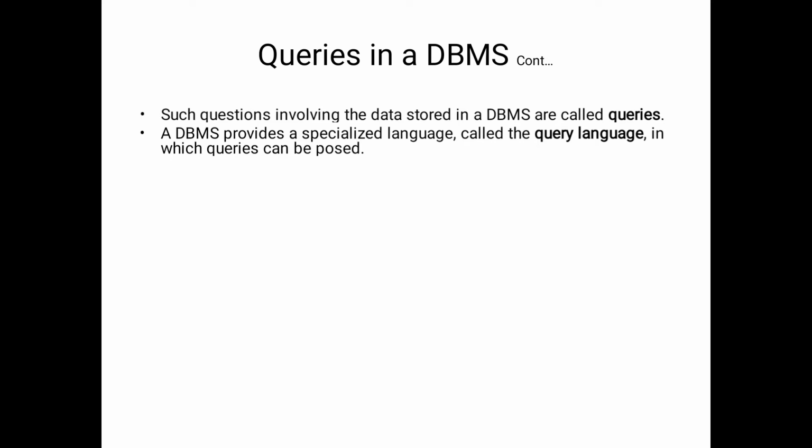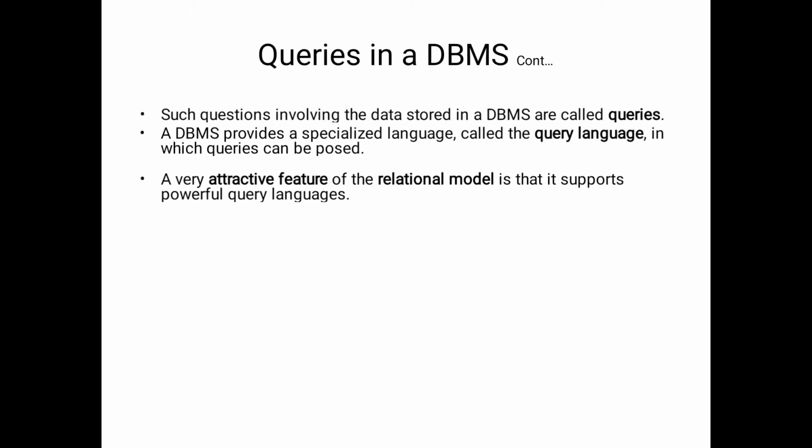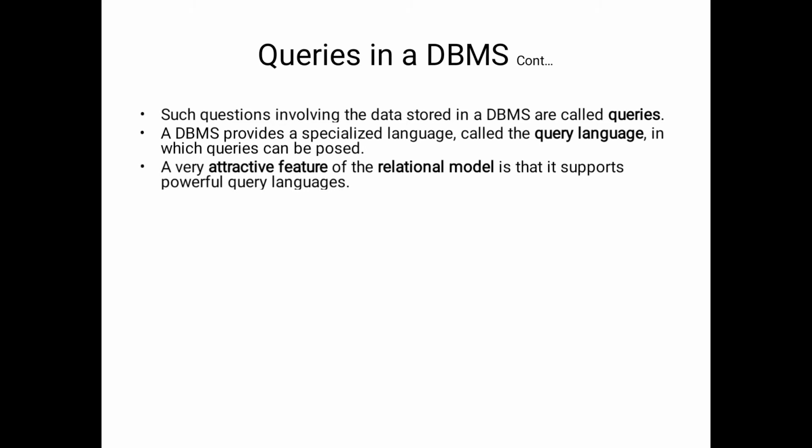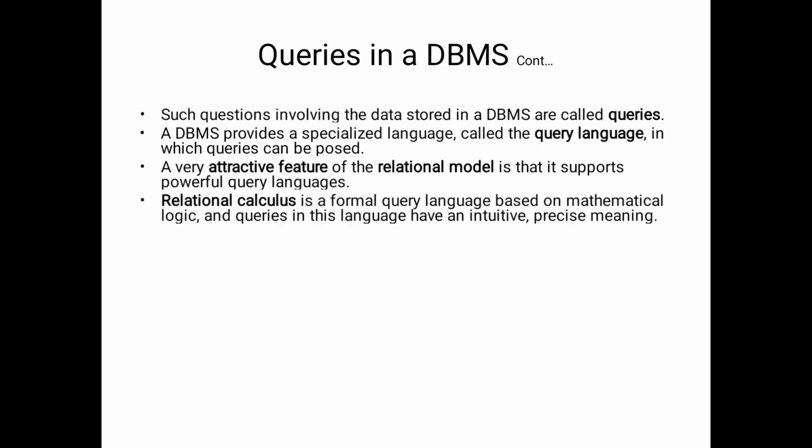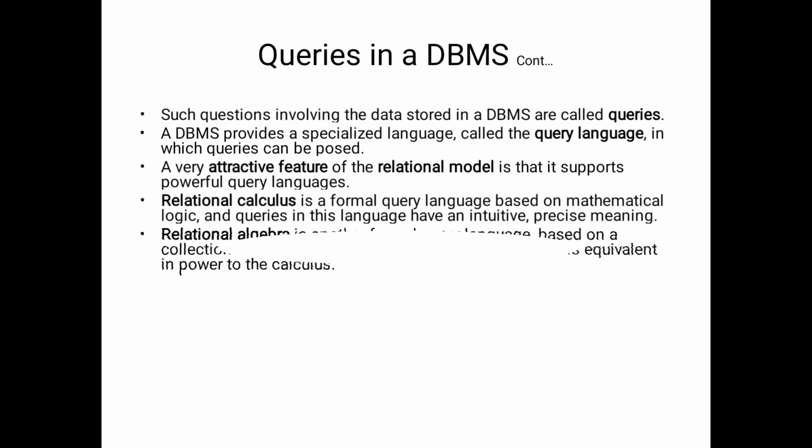A DBMS provides a specialized language called a query language, in which queries can be posed. A very attractive feature of the relational model is that it supports powerful query languages.